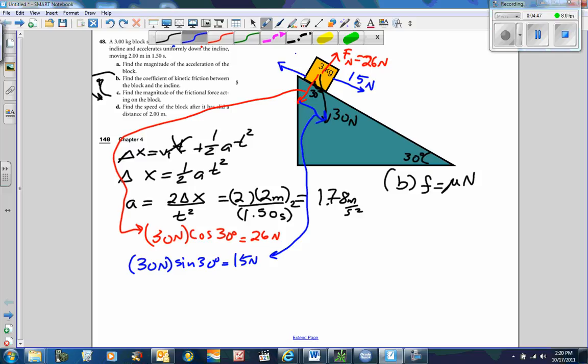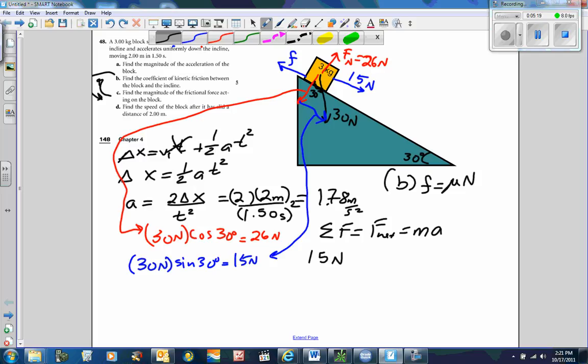All right, that's friction. So what we're going to do is say the sum of the forces, doing B and C together, doing C first, is equal to the net force, which is equal to ma. I'm looking at the forces along the incline, which are 15 and the friction force. I subtract them, because I'm always going to call friction negative.